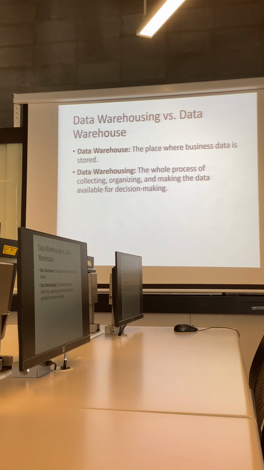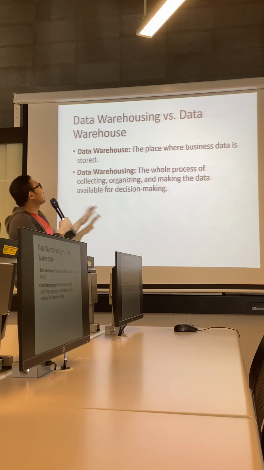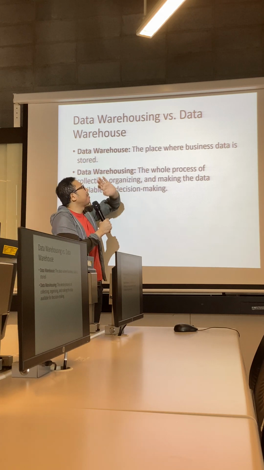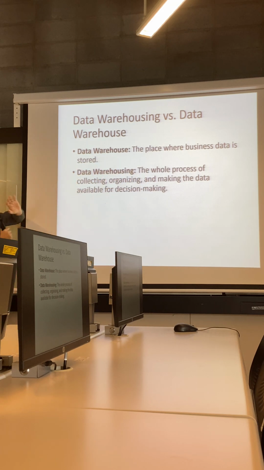So what's the difference between data warehouse versus data warehousing? Data warehouse is the place itself where business data is stored. And data warehousing is the whole process of collecting, organizing, and making the data available for decision making. So data warehouse is the noun, the place where the business data is stored.